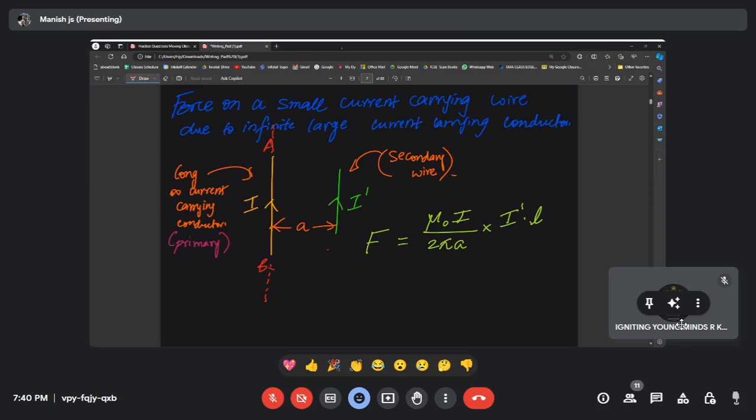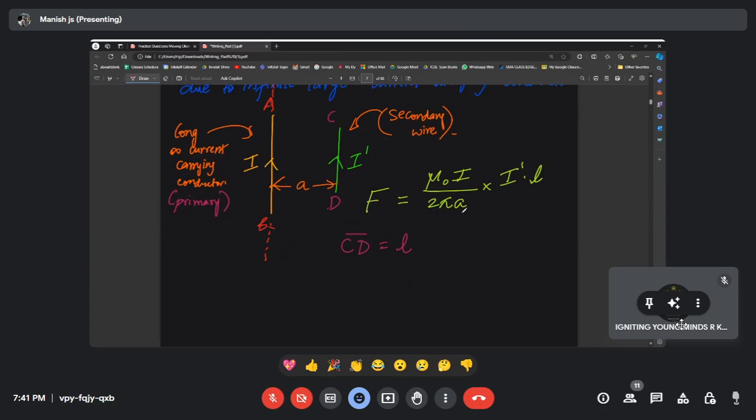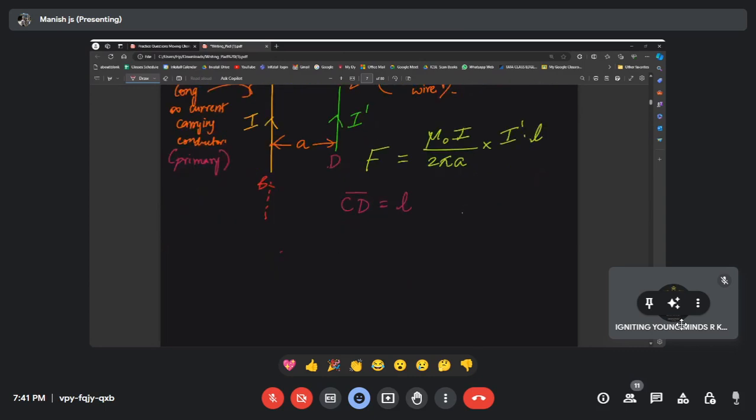The length of this conductor, say I've given AB for the first one, we'll call this CD, and CD is nothing but L. We have generalized: the length of that small conductor is L. Therefore, the force experienced by a small conductor carrying current, present at a distance a from an infinitely long conductor carrying a current of I, is F equals mu naught I upon 2 pi a times I dash into L. As a single expression, we can write it as mu naught I I dash L upon 2 pi a. This is the force experienced.